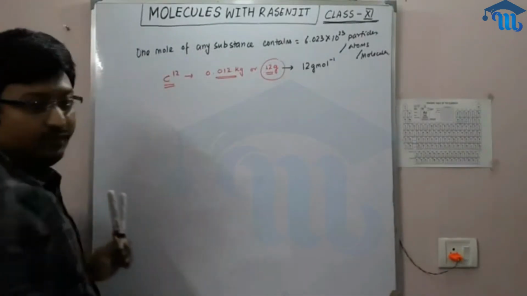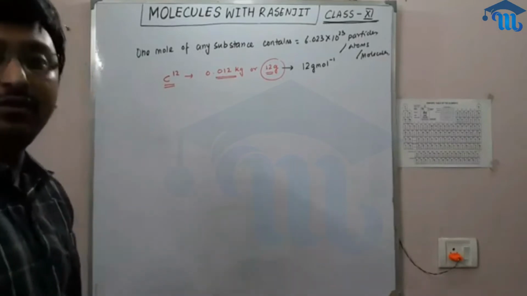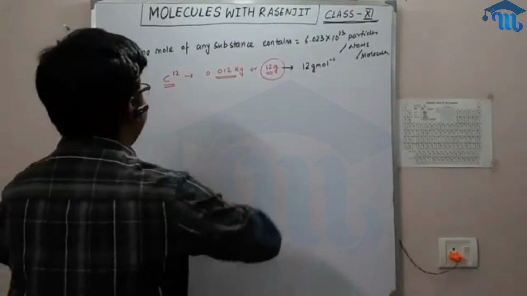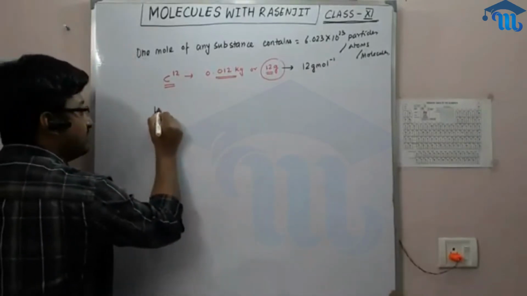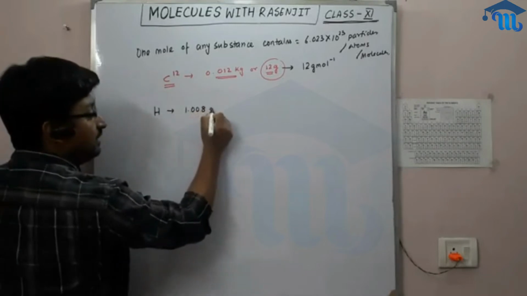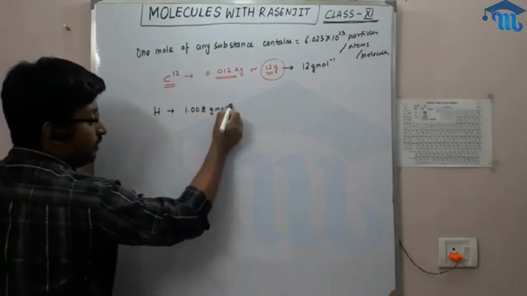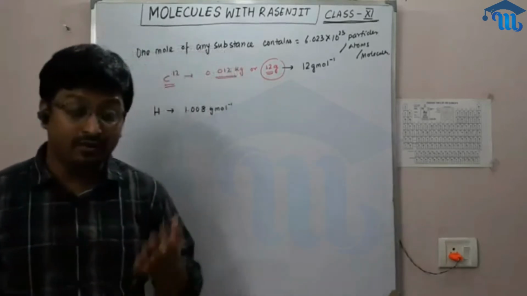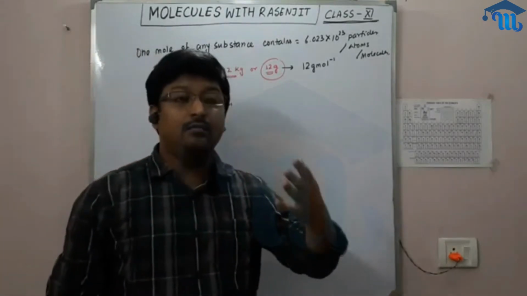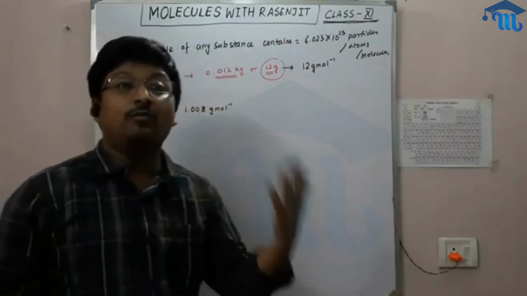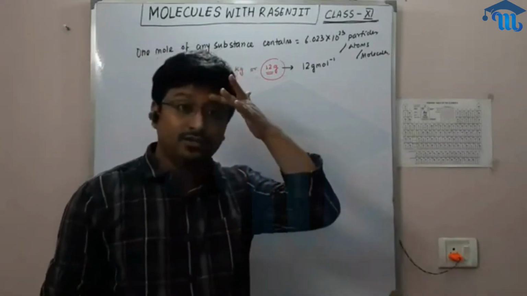Now, how many standards are there in the periodic table elements? If we talk about the atomic standard, the first one we think of in mind is hydrogen. The atomic weight of hydrogen is 1.008 gram per mole. Previously, the atomic weight was defined with respect to hydrogen, that is, how many times it is compared to the hydrogen atom.